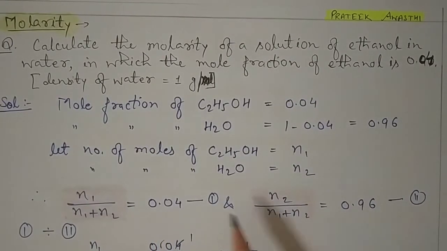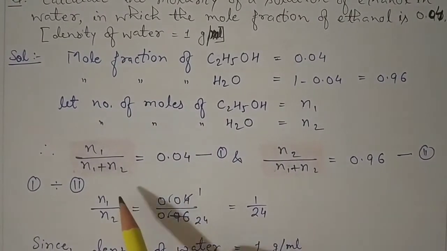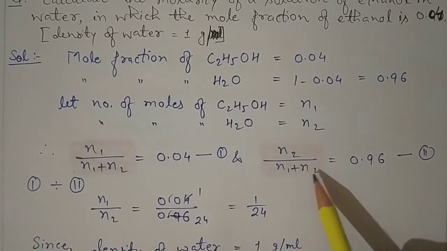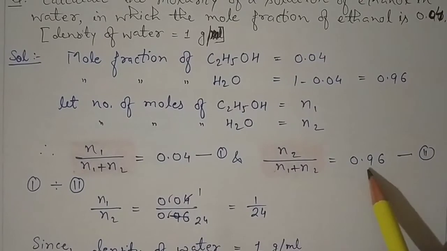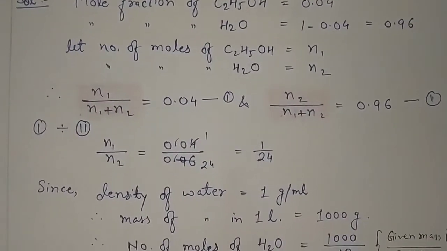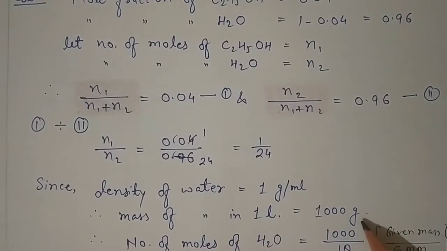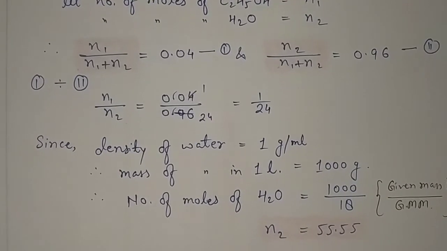So by solving these two equations, if we divide them, n1 plus n2 gets cancelled, and we get n1 upon n2 is equal to 0.04 upon 0.96. When you solve it, you will get 1 upon 24. Since the density of water is given as 1 gram per ml, the mass of 1 liter would be 1000 gram. The mass of water in 1 liter would be 1000 gram.